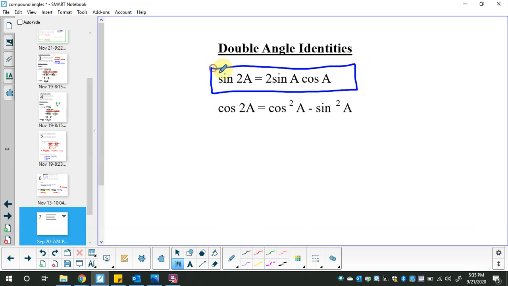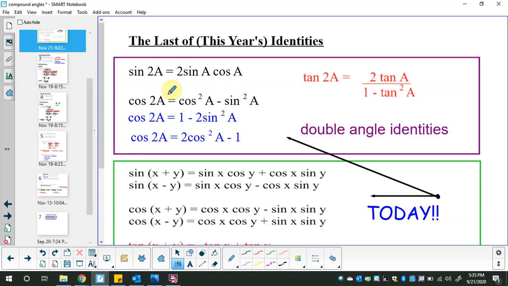There's only one double angle identity for sine 2a. But if I flip back to this sheet, you'll see that there's 3 double angle identities for cos 2a, which means you always have a choice. And when I say you always have a choice, sometimes the choice is the fastest way, and sometimes the choice is not the fastest way. So we'll deal with that in a minute.